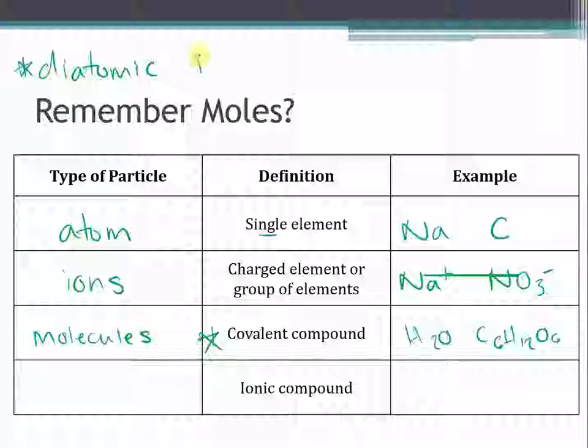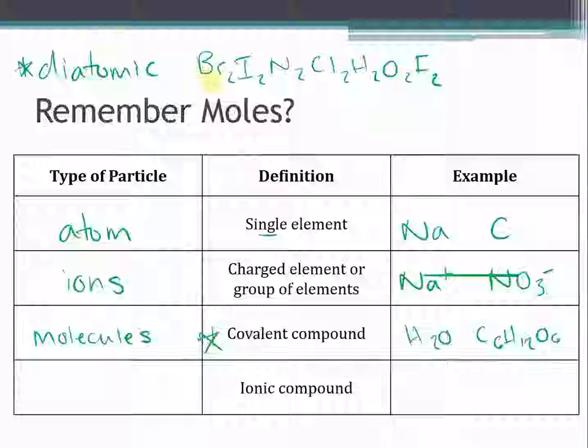So remember Brinkelhoff, which is bromine, iodine, nitrogen, chlorine, hydrogen, oxygen, and fluorine. Even though these are technically each just one element, 2 atoms of bromine, 2 atoms of iodine, 2 atoms of nitrogen, it's more than one atom chemically bonded together. So that makes it a molecule. So H2O, C6H12O6, and any of your diatomic molecules. Those are all molecules, those are all types of particles.